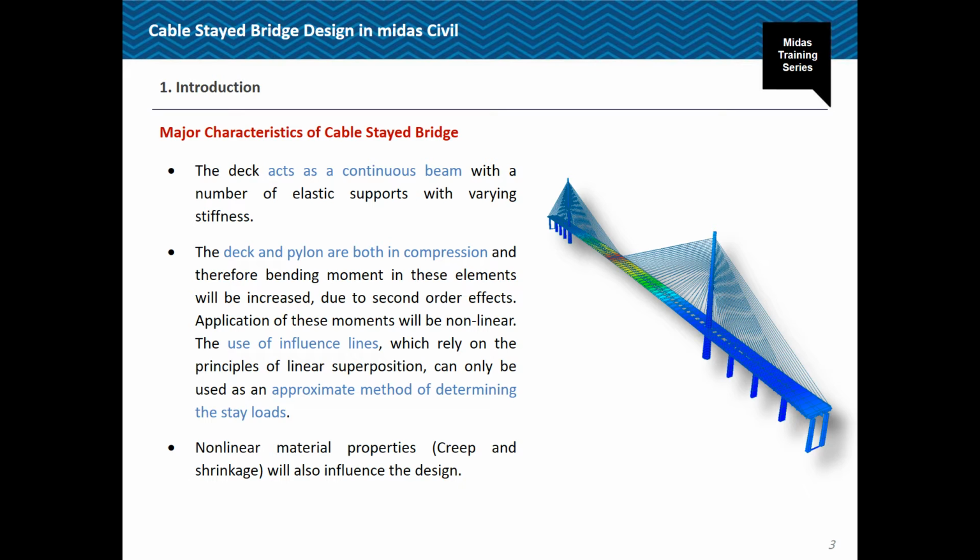So the key word when you approach a cable stayed bridge is iteration. So you're going to do a lot of iterations on finding the right geometry, finding the right loads, and identifying the stiffness of the deck as well.